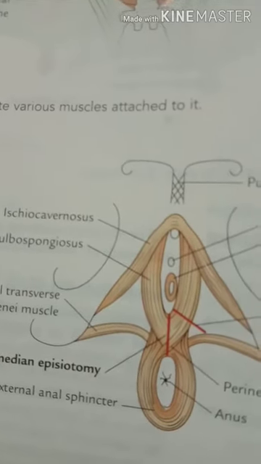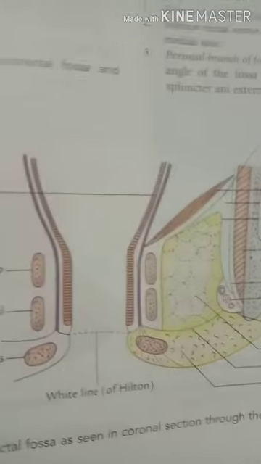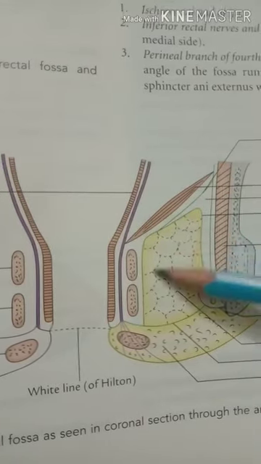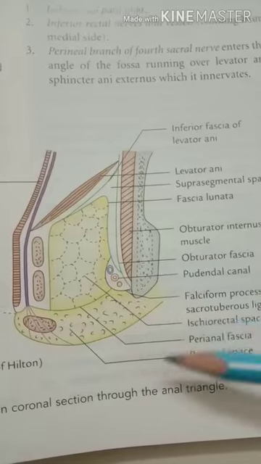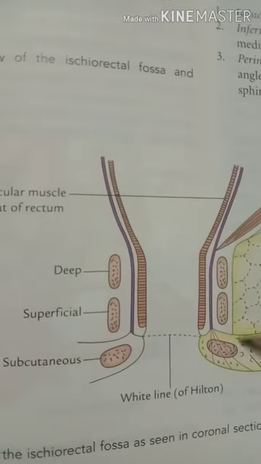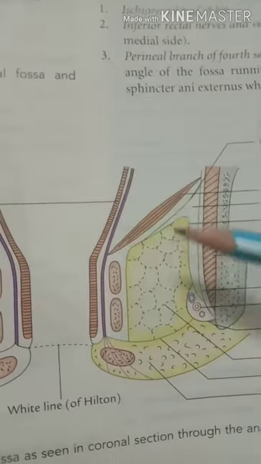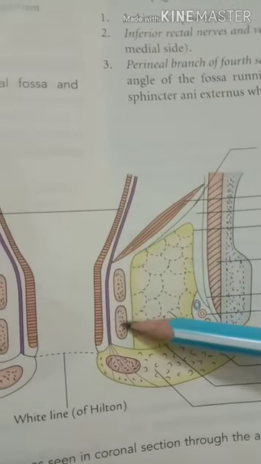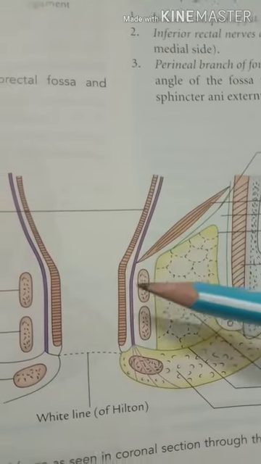After that we have to see the ischiorectal fossa. Here in this diagram you can see the ischiorectal fossa. Okay. The ischiorectal fossa is a wedge-shaped cavity or space which is situated one on each side of the anal canal.